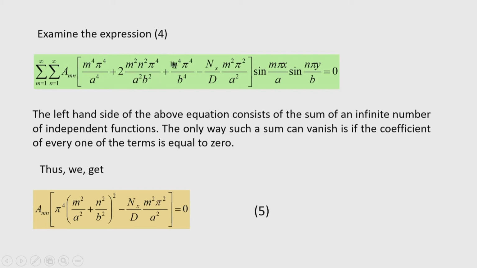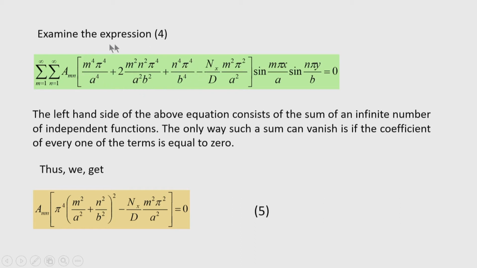we write this quantity inside the third bracket equal to 0, and you can see these three terms can be combined: m^4 π^4 divided by a^4, plus 2 m^2 n^2 π^4 divided by a^2 b^2, plus n^4 π^4 divided by b^4.